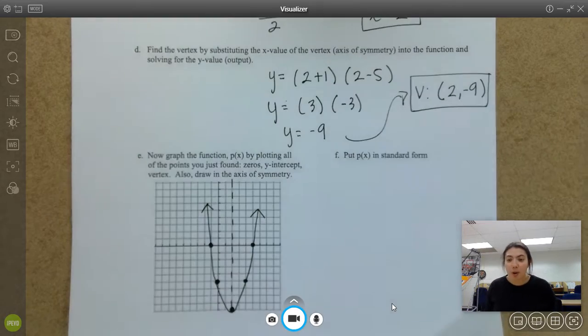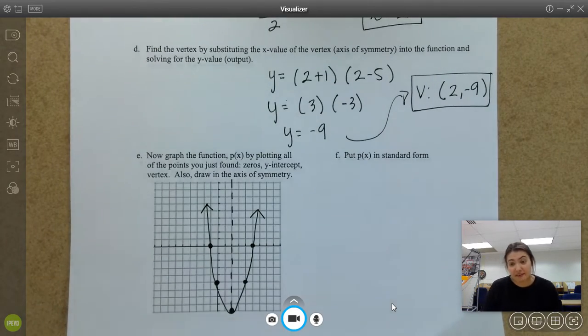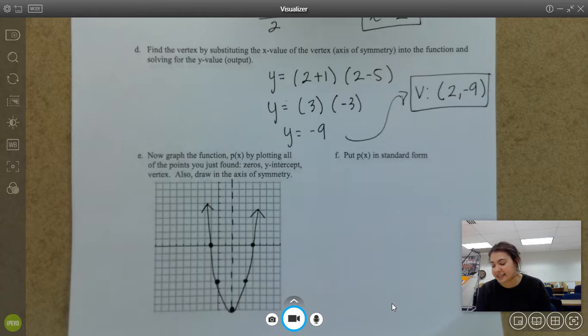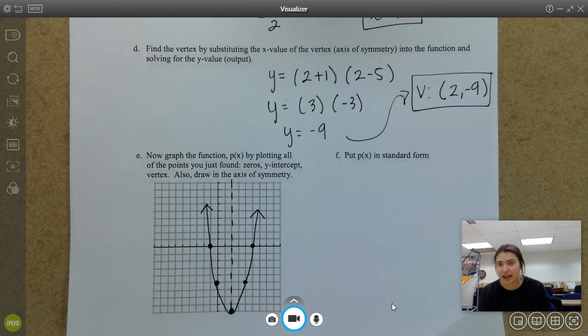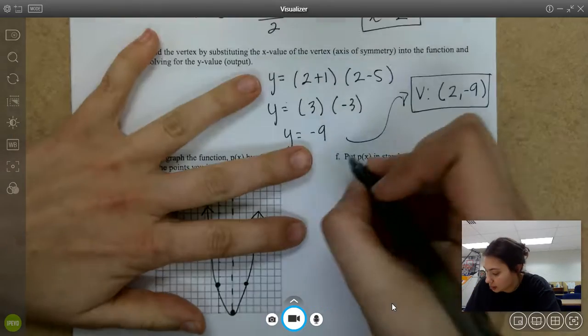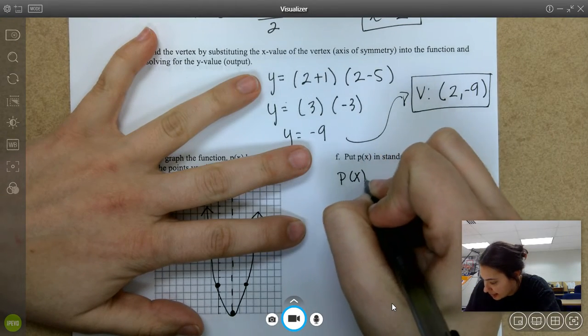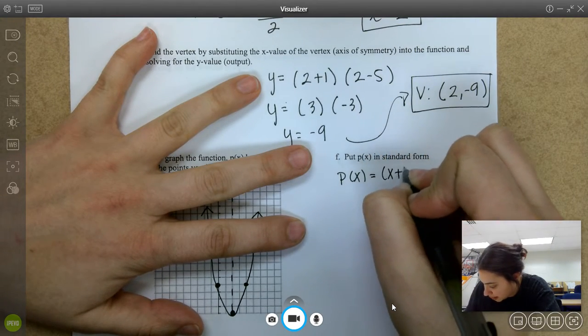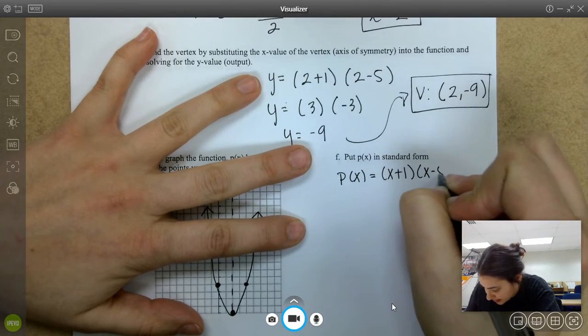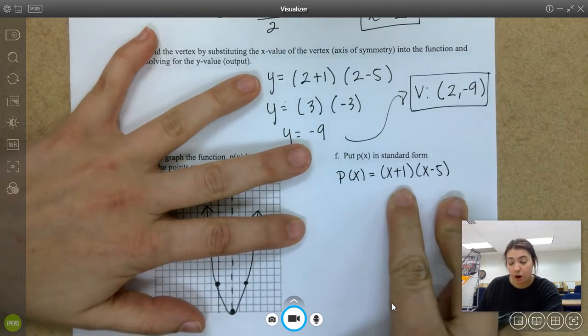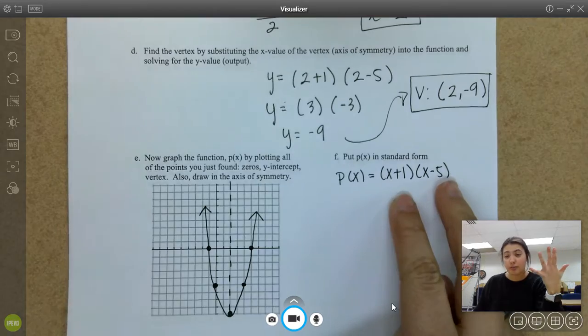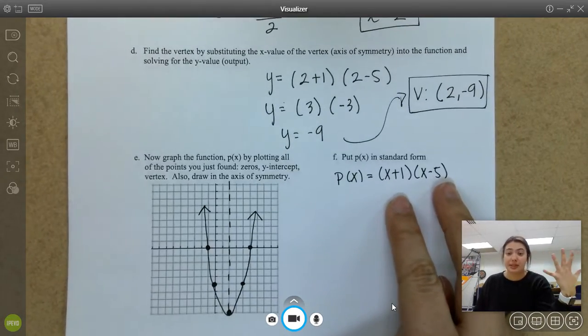Now for part F, it says put p of x in standard form. That is just foiling, or some of us like to call it double distributing. It's up to you. P of x is equal to x plus 1 times x minus 5, which is in intercept form, and standard form is ax squared plus bx plus c.